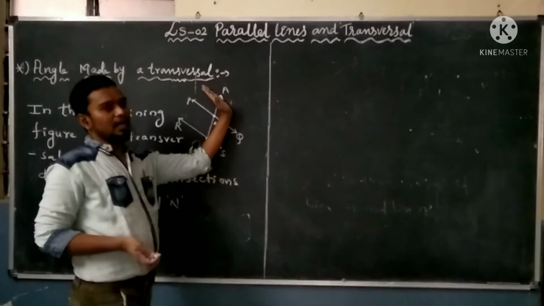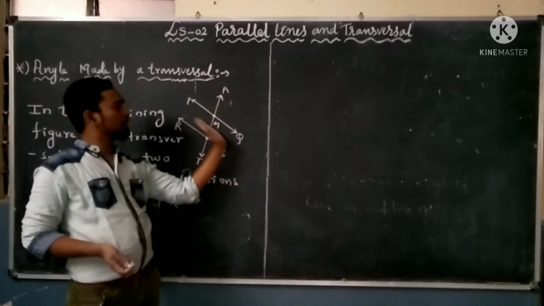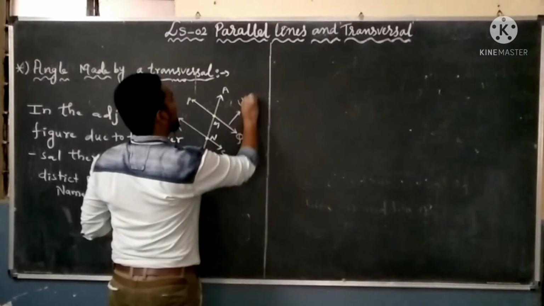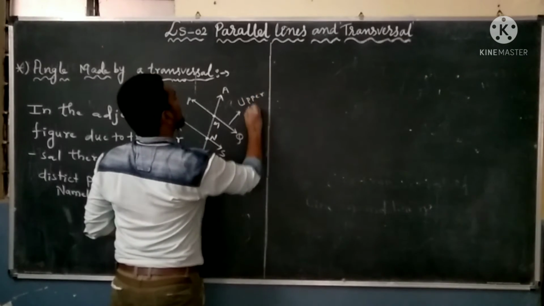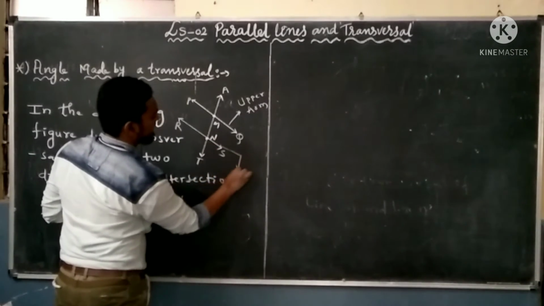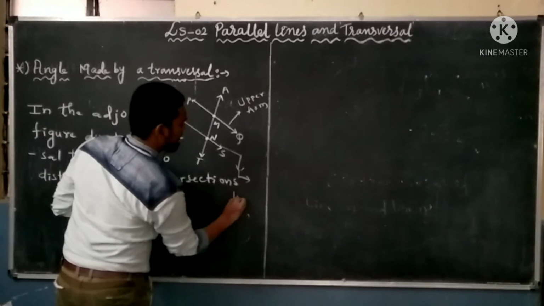This is considered as the upper part and this is the lower part. Upper arm, lower arm. This one is considered as the upper arm. Okay, and this one is considered as the lower arm.